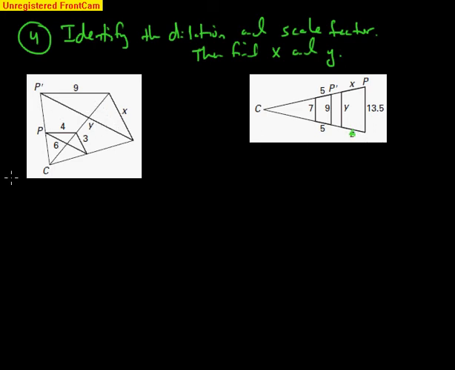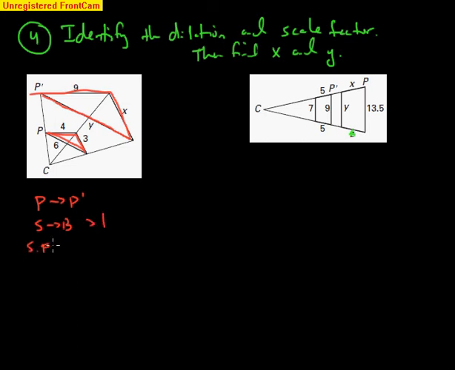All right, so in each of these problems, first thing, you're going from P, the preimage, to P prime. So P is in this triangle here. P prime is in this triangle here. We are going from small to big, so my scale factor is greater than 1.